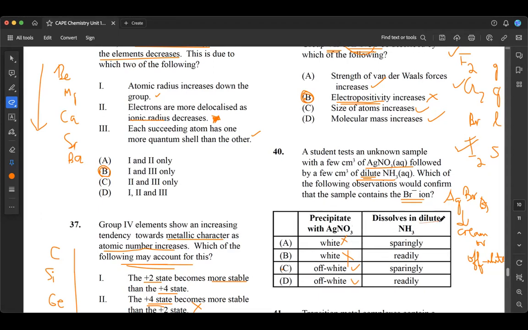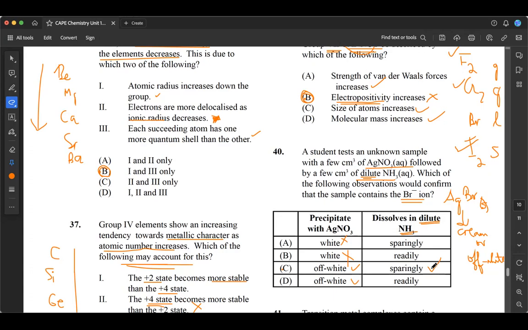Now, when we use dilute ammonia, the AgBr is only sparingly soluble in that. It's not readily soluble, it's only sparingly soluble. So we'd see that we get rid of a little bit of the precipitate, but for the most part, it's still there, right?